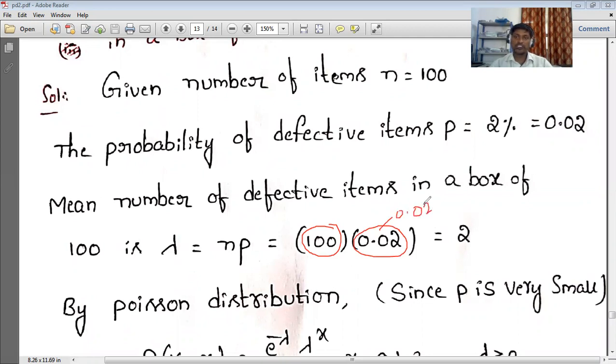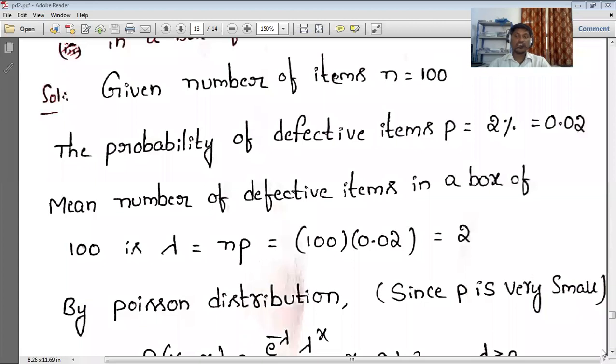And the number of trials, how many items? 100 items. So for that we can apply Poisson distribution. If you apply binomial also, nothing will happen, if you have the patience for doing such a bunch of calculations.